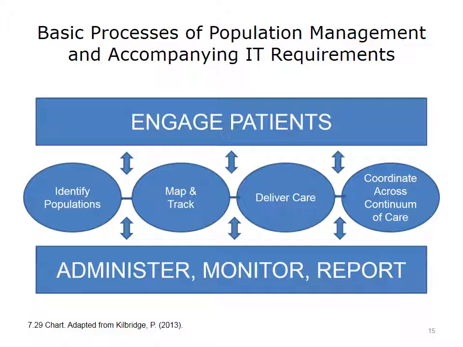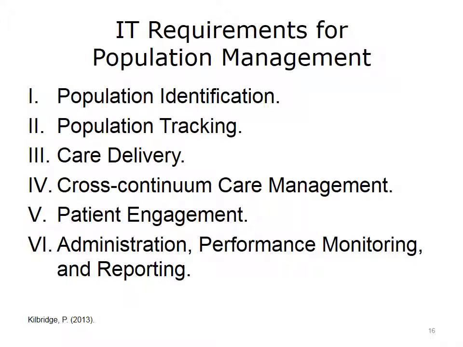All of these different interventions and processes must be administered, monitored, and reported. And so we have processes in place, and IT is required to produce ongoing reports and ongoing evaluation of our program.